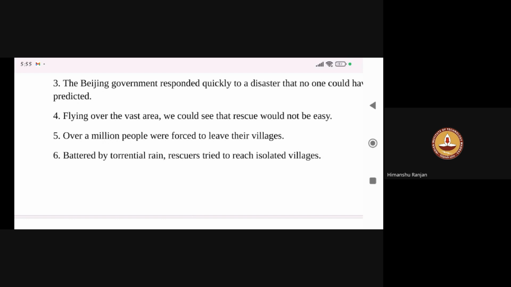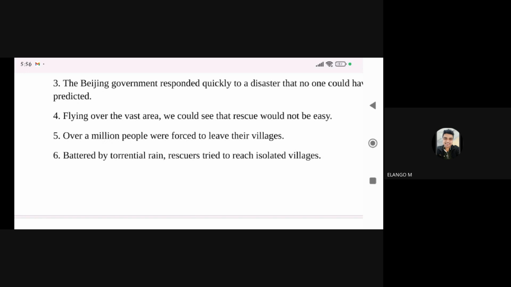Sixth one, battered by torrential rain, rescuers tried to reach isolated villages. So battered by torrential rain, right? This part is going to be your subordinate clause. Any idea what kind of subordinate clause this would be?